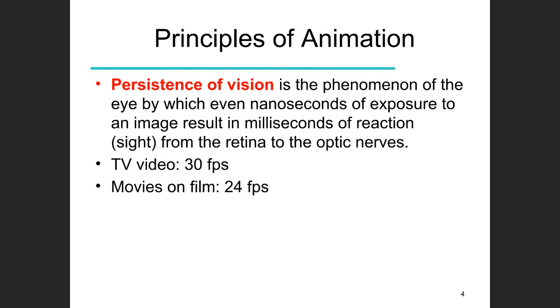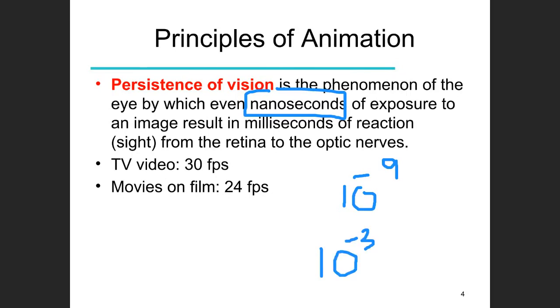It means that when we show something to a human observer for a very small time, something like 10 to the power minus 9, which is a nanosecond, and then we remove this object or this frame or this image very quickly, the image will remain in the brain for a longer period of time. For example, it can remain for 1 millisecond.